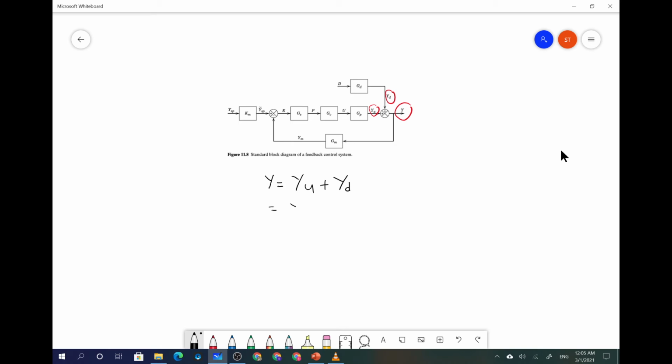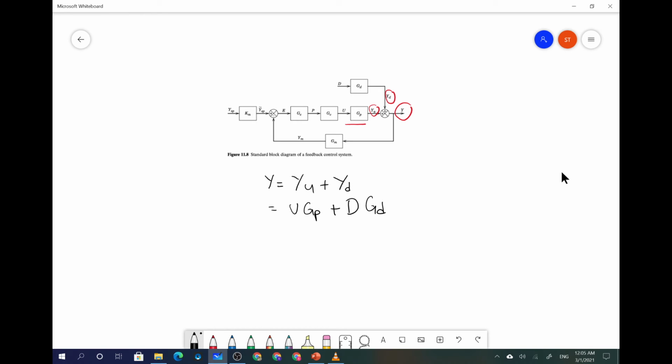Yu is equal to u times Gp, plus Yd is equal to d times Gd.